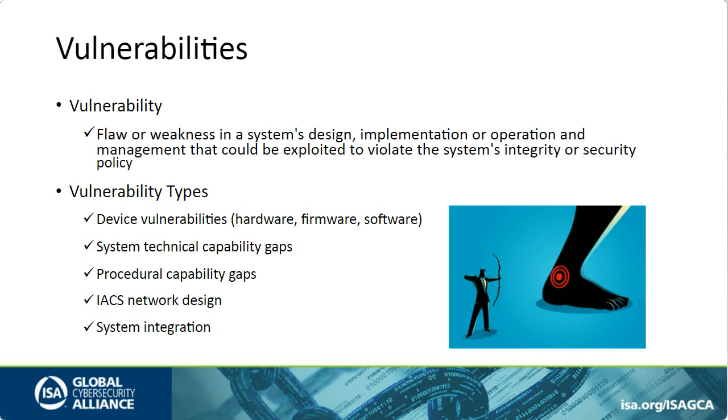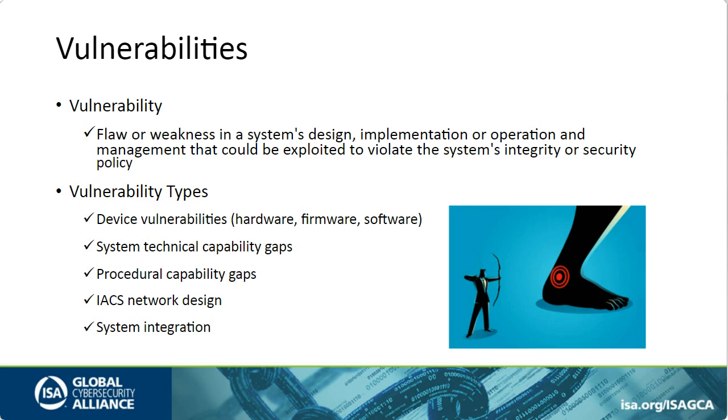You can identify or measure vulnerabilities a lot of different ways. You can have device vulnerabilities in the hardware. It could be in the firmware. It could be in the software. You might have system capability gaps in the technical capabilities that they have.